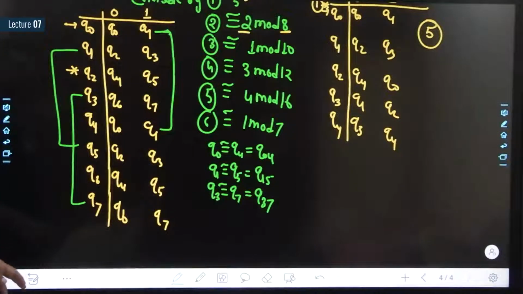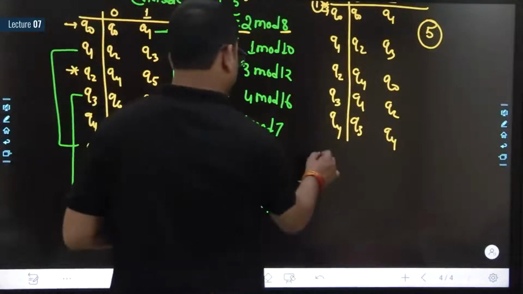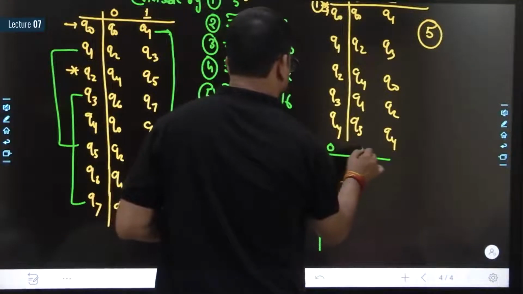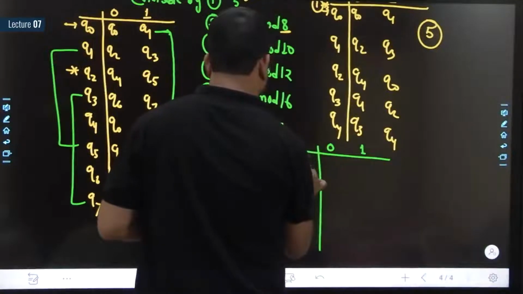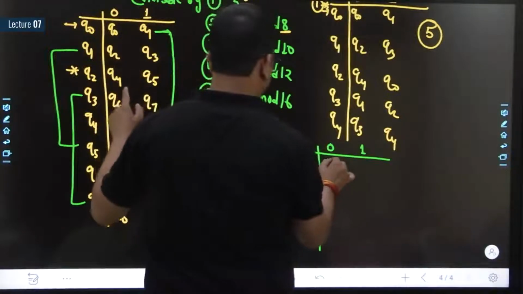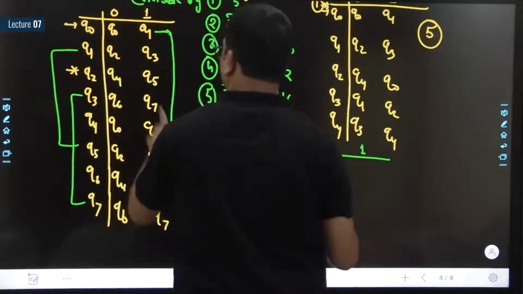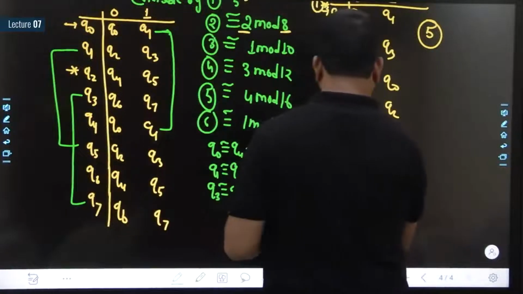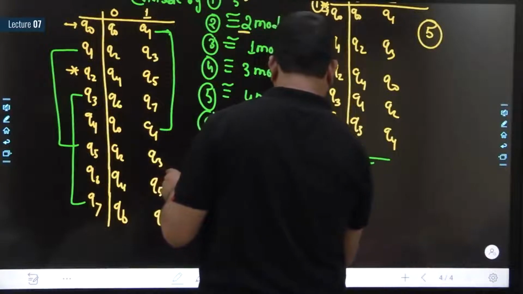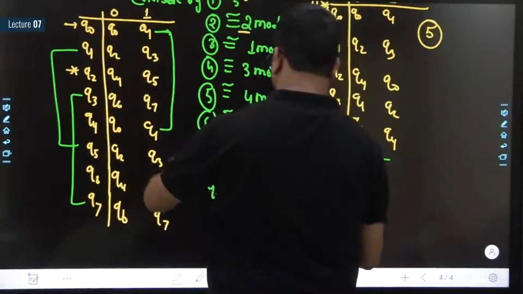Now merge these states. Q0 as Q04, this is the initial state. Q04, 1 as Q15. Q2 we cannot merge.